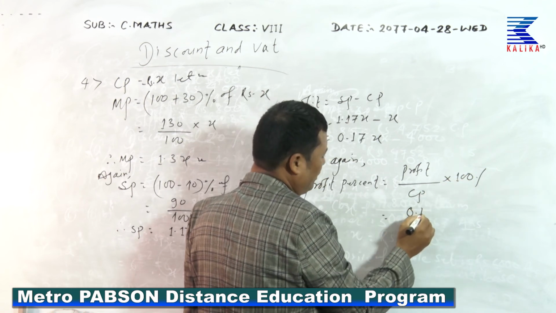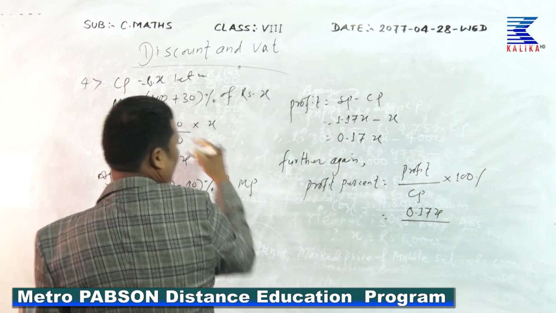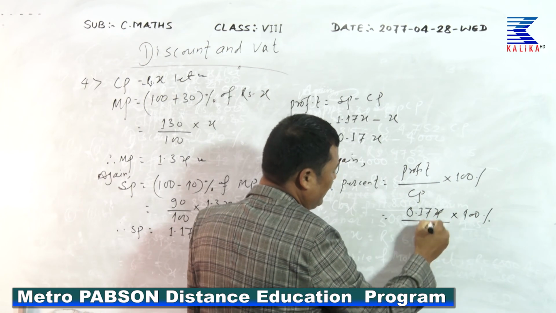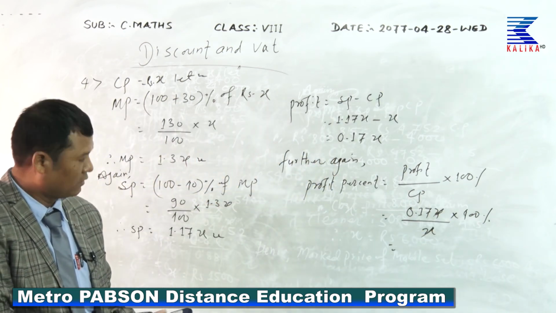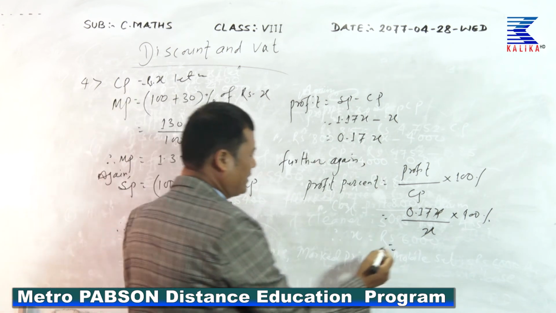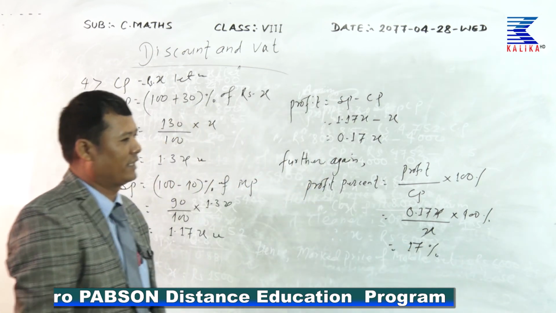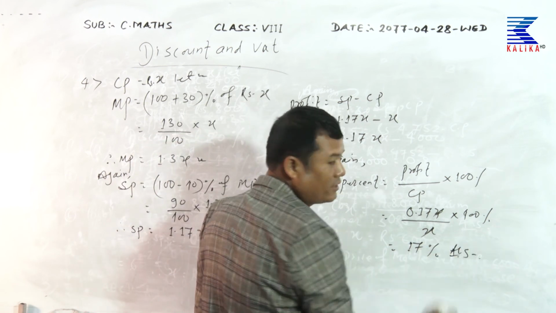Profit is 0.17X upon cost price X into 100%. X cancels, 100 into 0.17, it will be 17%. 17% is the profit percent. So, it is the required answer.